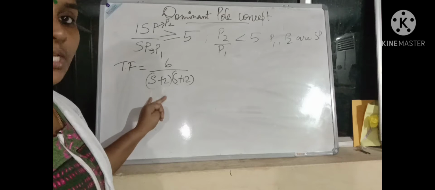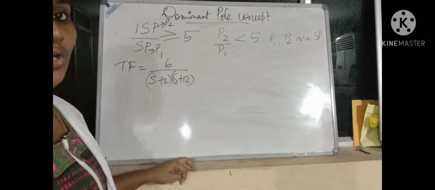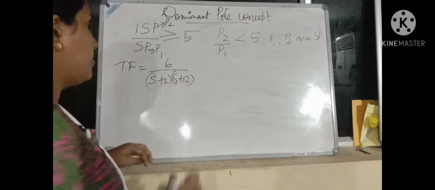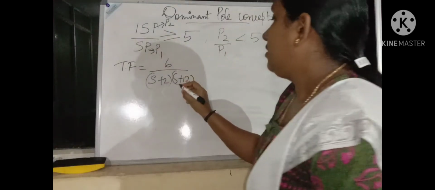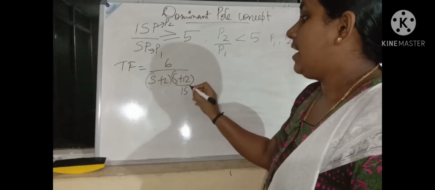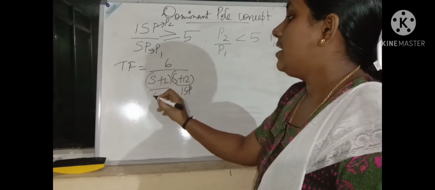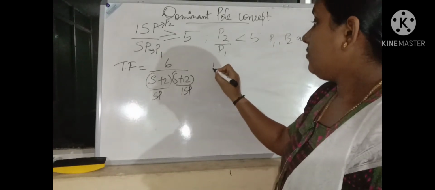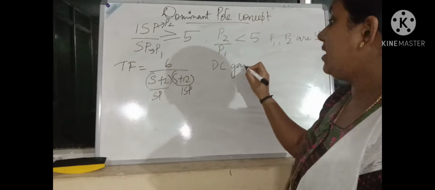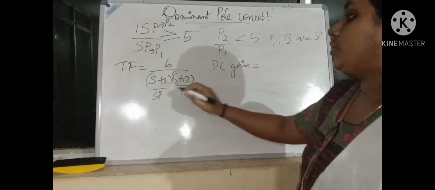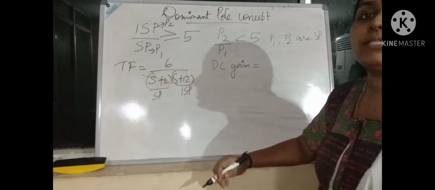Minus 2 is closer to the origin. Minus 12 is not closer to the origin compared to minus 2. So we can write s plus 2 as the significant pole and s plus 12 as the insignificant pole. While calculating the value for DC gain, we should not consider the significant pole.